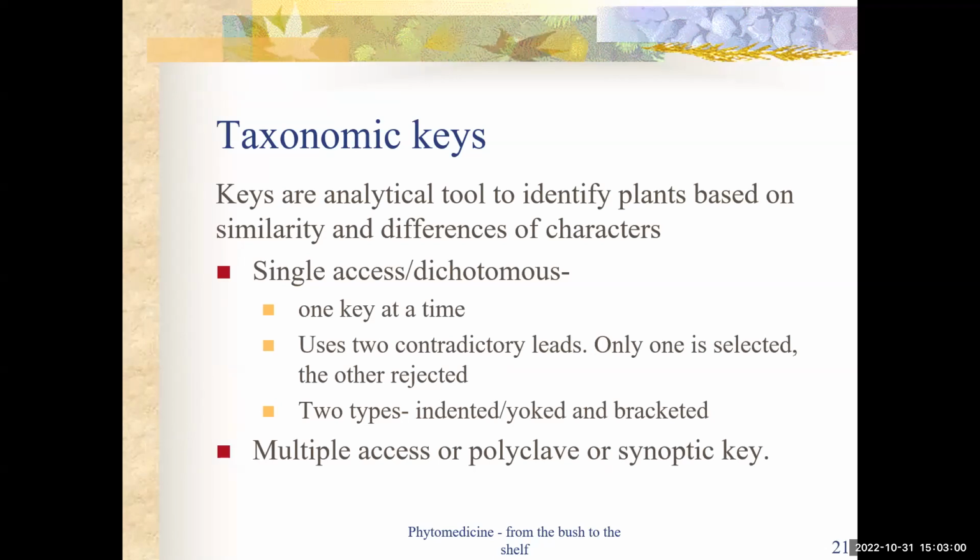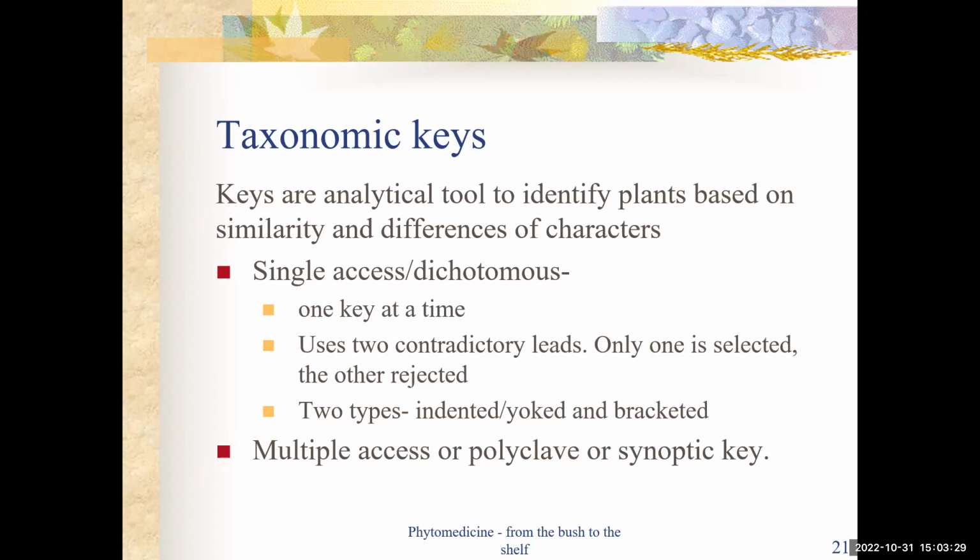A taxonomic key is an analytical key. It helps you to identify plants. You look at the characteristics given. It leads you step by step, asking you if your plant has this character. If it has, tick. You select and you move on to the next. So we have those botanical keys. Now, they are of different types.